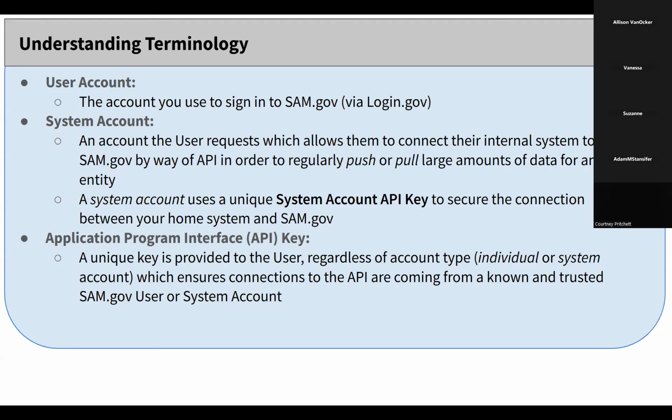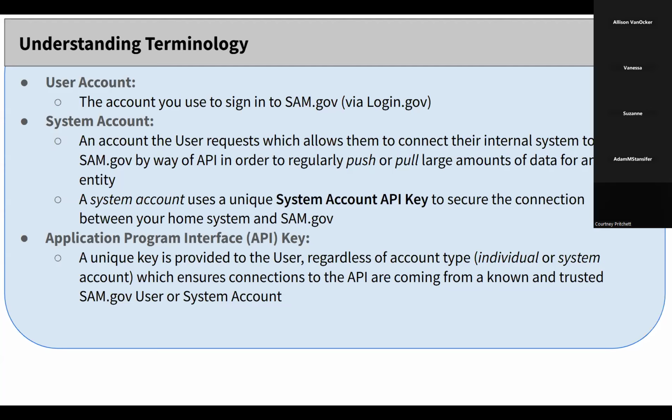The only way to retrieve that is for the administrator for that system account to go into your system account details and get that API key. So the system account is for the system. Within that system account, there will be an API key generated that you will use during the API requests and responses to be sure that your system is authorized to do these transmissions between your system and SAM.